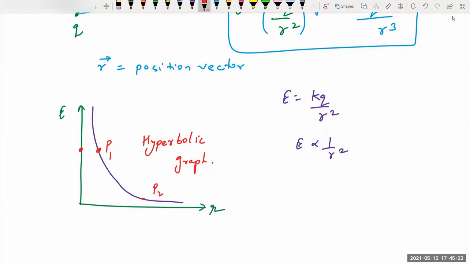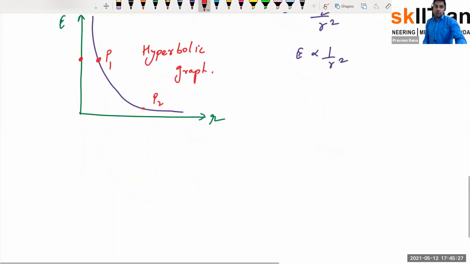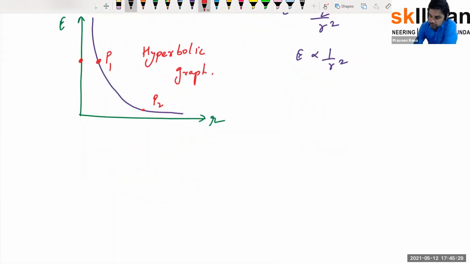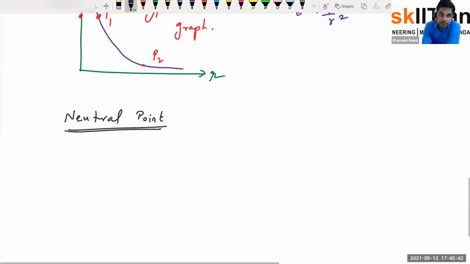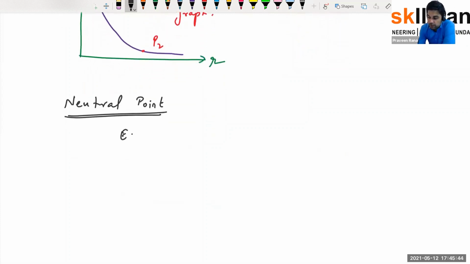So that's kind of relationship as we get between these two. Now, let's just write another heading, which is called neutral point. So can you tell me what is the neutral point? Where the electric field experienced is 0. Exactly. So neutral point is a point where electric field is 0, or I should say net electric field is 0.